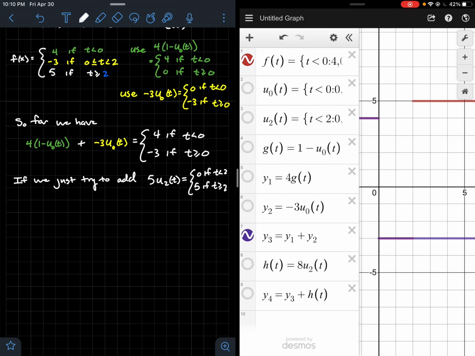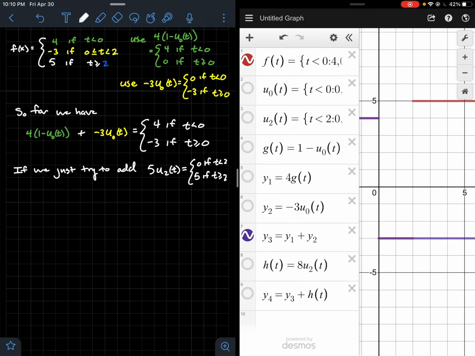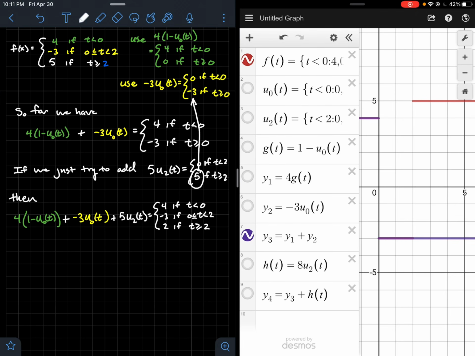Just to show you with the algebra why it's not 5 u2: 5 u2 would have the higher step being at 5. But if I take this and add it to these guys, that doesn't get this piece up to 5. It only gets it up to 2, right? Because when I add it to this, whenever t is to the right of 2, that doesn't take you to 5. That takes you to 2.